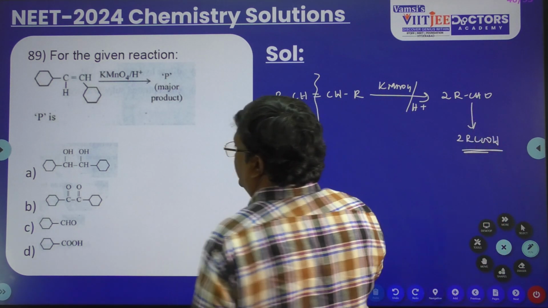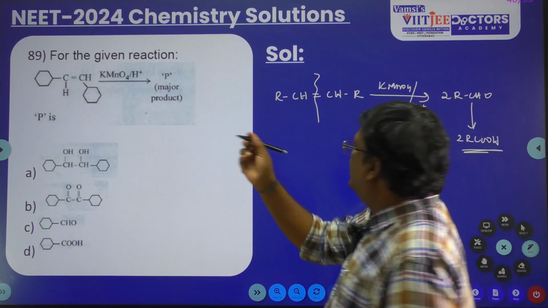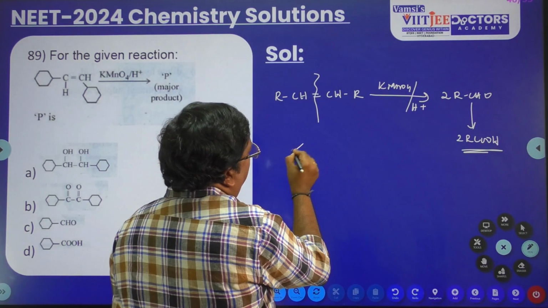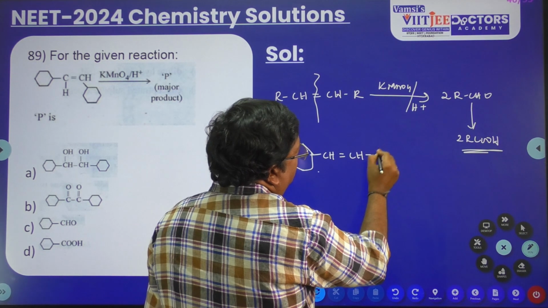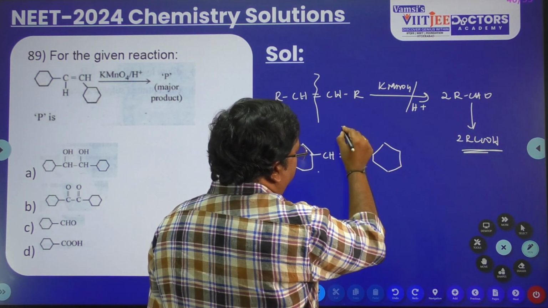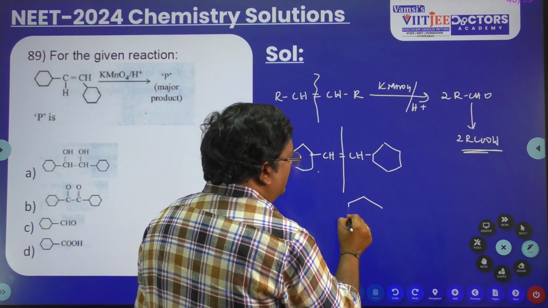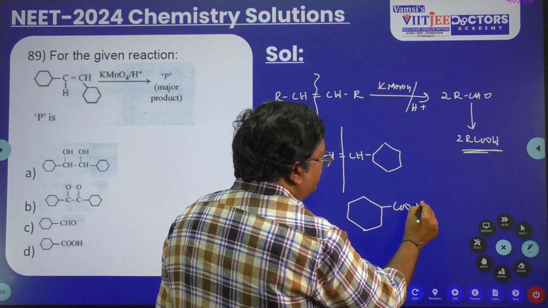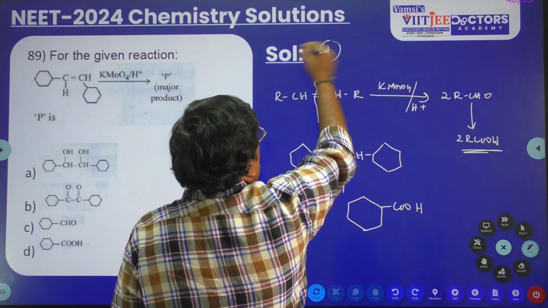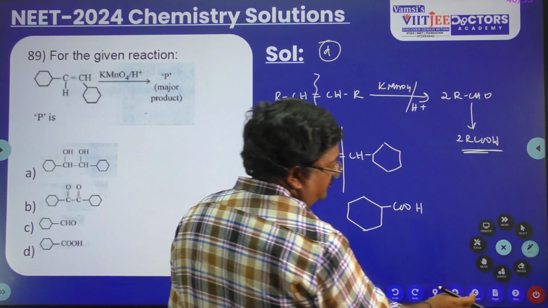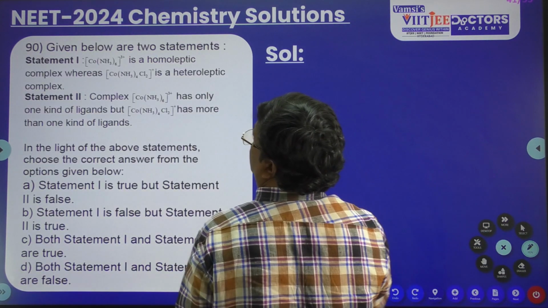Here carboxylic acid is the answer. So here instead of R, the cyclohexyl ring is given. The cyclohexyl ring we can take like this. So now it turns into COOH. So where is COOH here? Here D is the option.